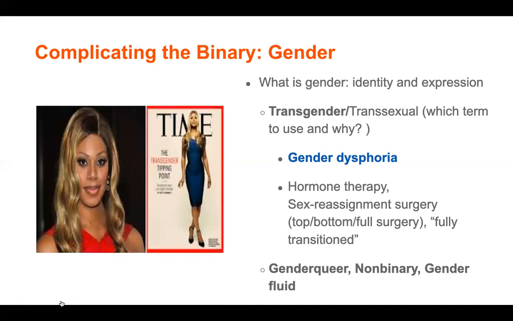Now, it's worth noting that the term that pops up in the DSM, and it still is in the most recent DSM, which is the diagnostic manual used by psychologists and psychiatrists to diagnose and treat people with mental health disorders, is gender dysphoria.